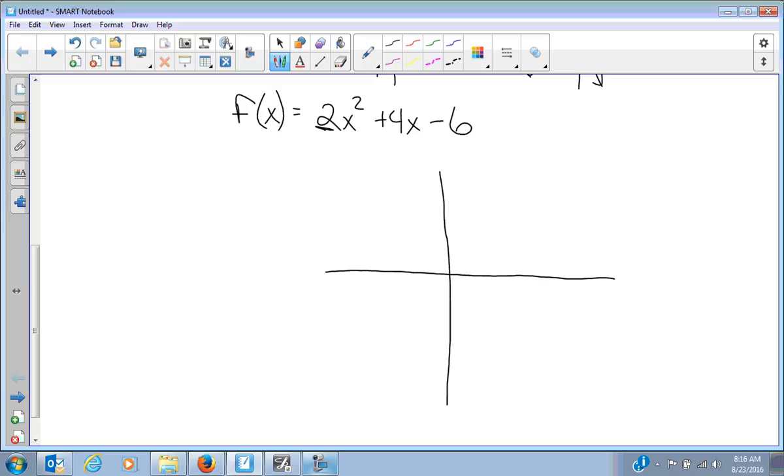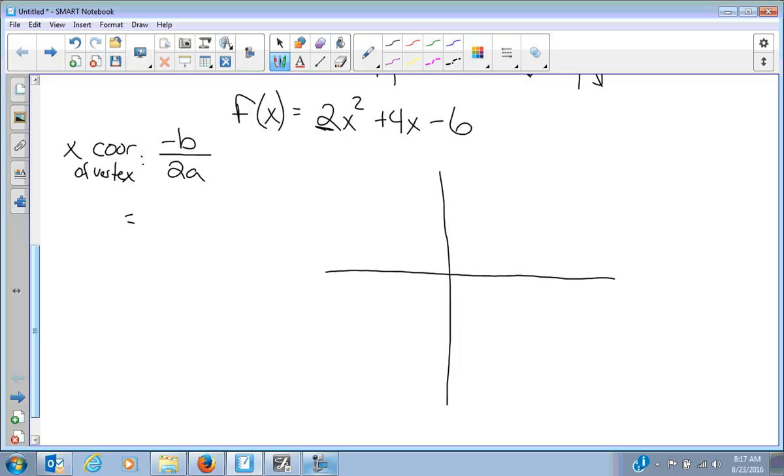When I asked you to graph these things, what did I tell you was going to be the most important thing to find? The vertex. So let's attack that first. The x-coordinate of the vertex is going to be what? How do we find that? Negative b divided by 2a. Opposite of b over 2a. That equals what?